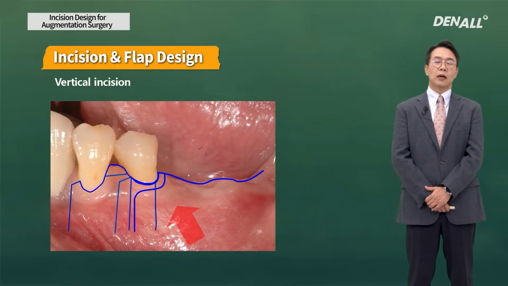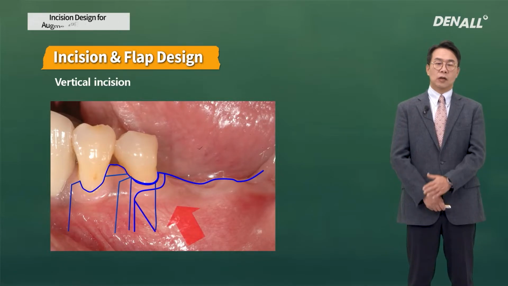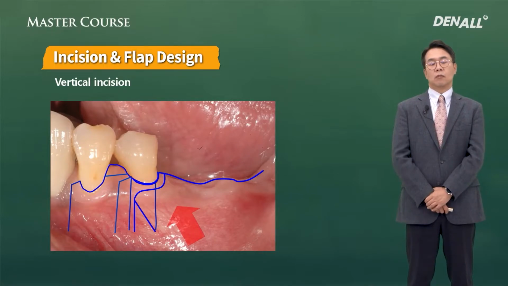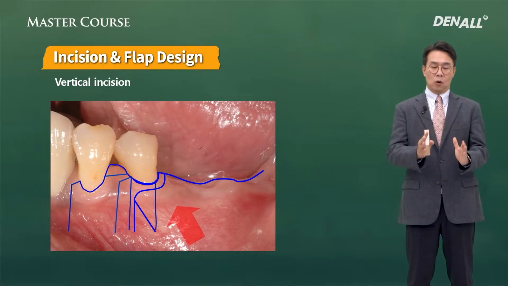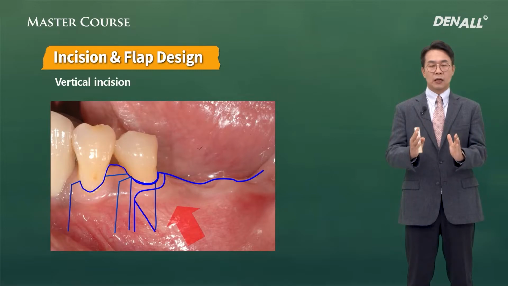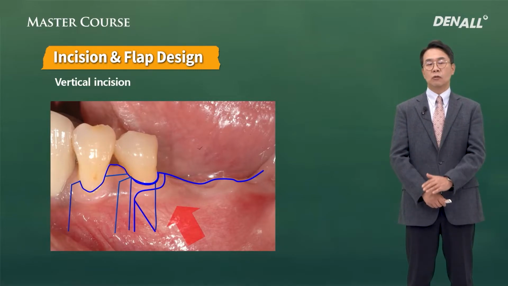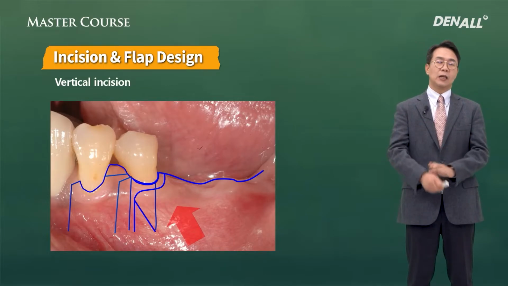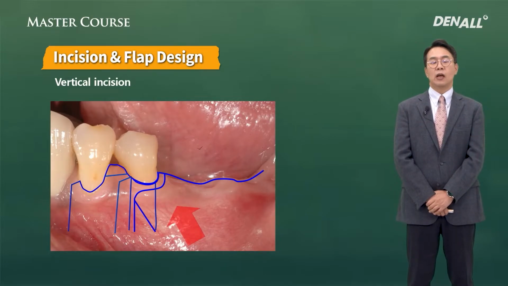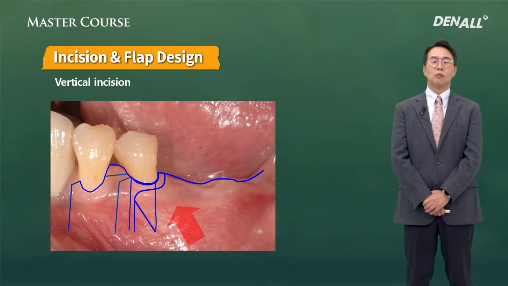So it goes with the blood supply like this. Occlusal view shows the base is narrower than the apex, but actually the direction of blood supply, it runs obliquely, so we cannot really say the base is narrower than the apex.